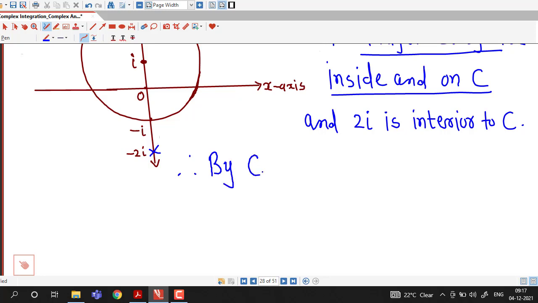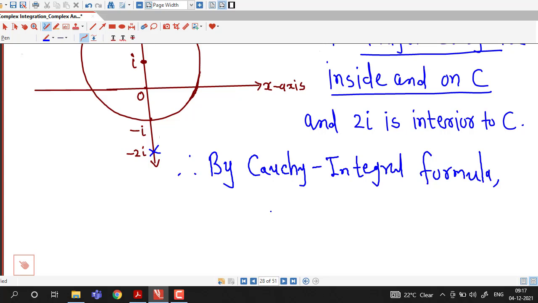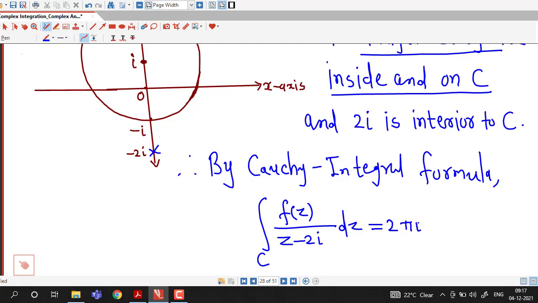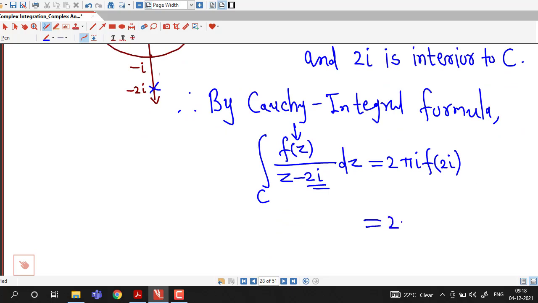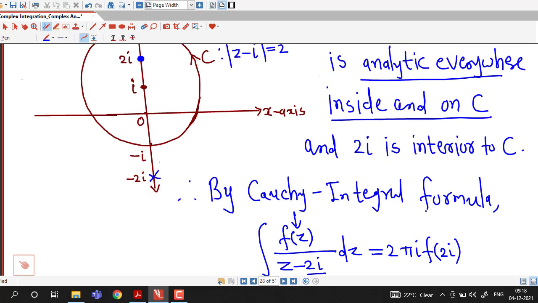Therefore, by the Cauchy integral formula, the integral of f(z) divided by (z − 2i) along this contour C equals 2πi times the value of f at the point 2i. So now we find the value of function f at the point 2i. We substitute z = 2i in (2z + 5)/(z + 2i).